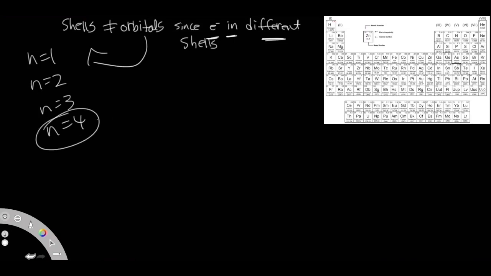So in our fourth shell, for example, there are various amounts of orbitals in these different shells. The orbitals can exist not just in n equal to 4, but those same orbitals could exist in n equal to 3, or could also exist in n equal to 2. In case you're still confused, let me show you with a few examples.